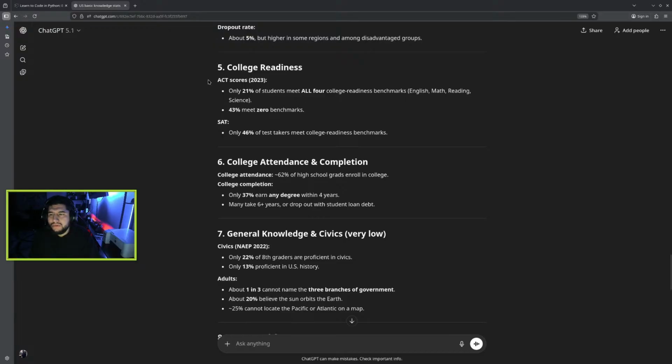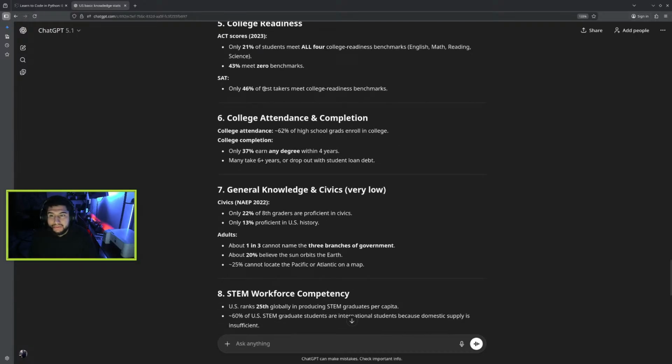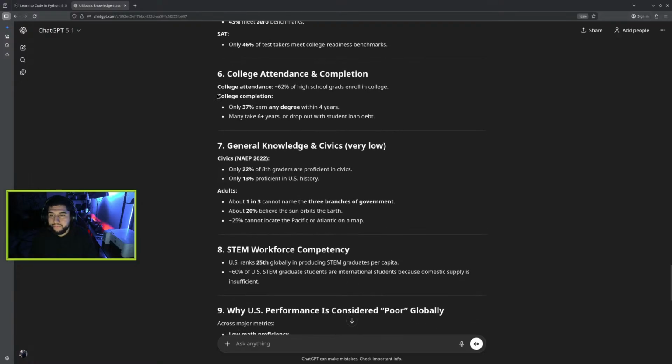Do they even do ACT and SAT scores anymore? I don't even know. Only 21% of students meet all four college ready benchmarks in English, math, reading, and science. 43% meet zero benchmarks. Only 46% of test takers meet college readiness benchmarks.